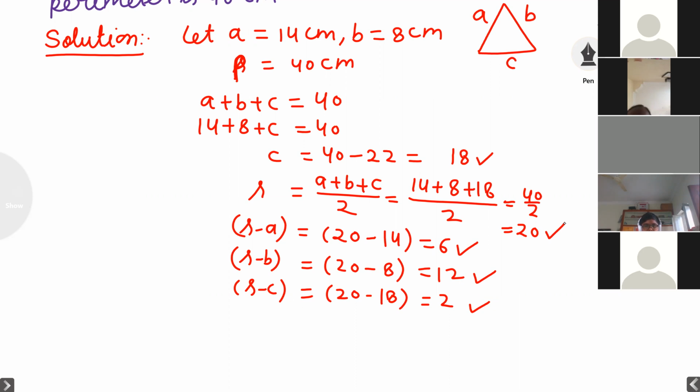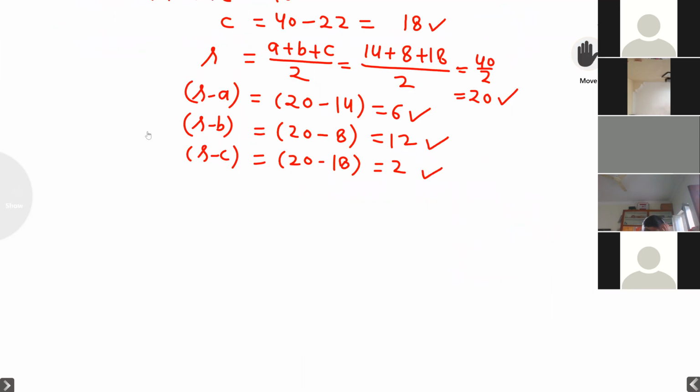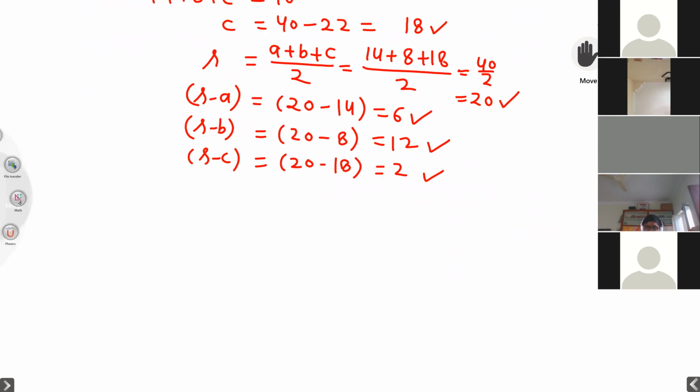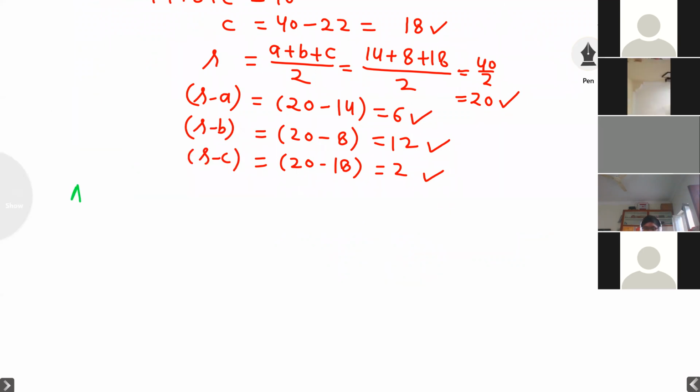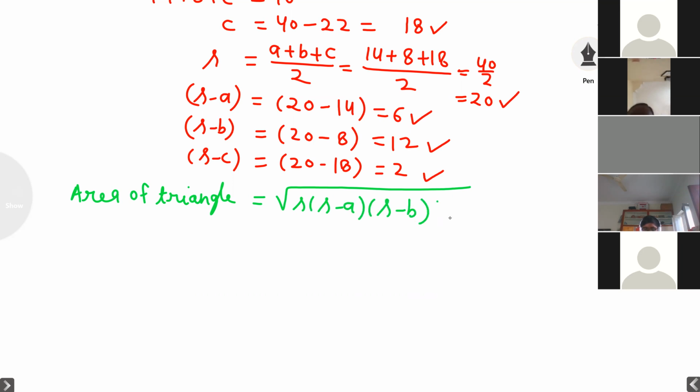Now I want to substitute these values in the given formula. Area of triangle is equal to square root of S into S minus A, S minus B, S minus C. I want to substitute these values.